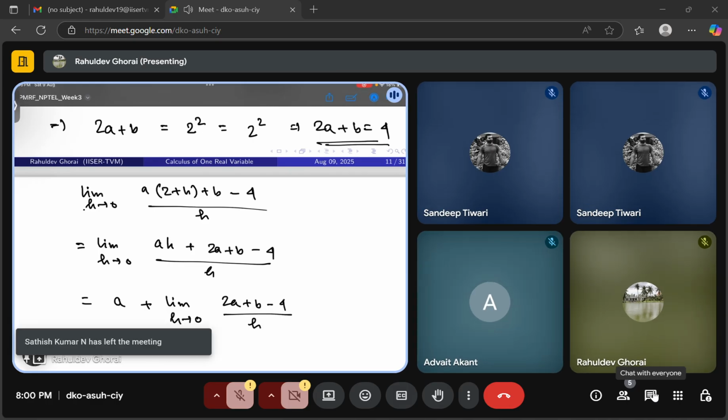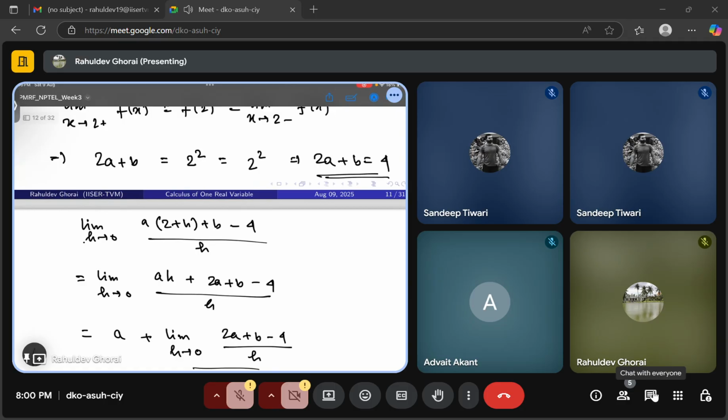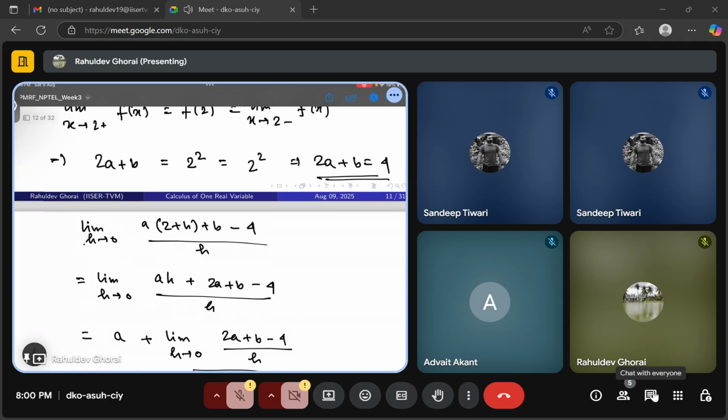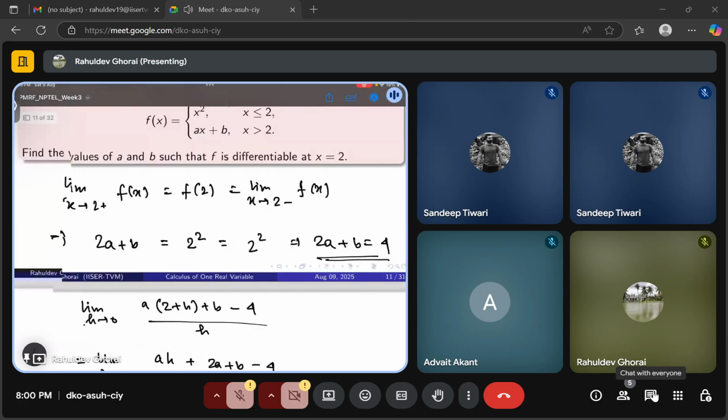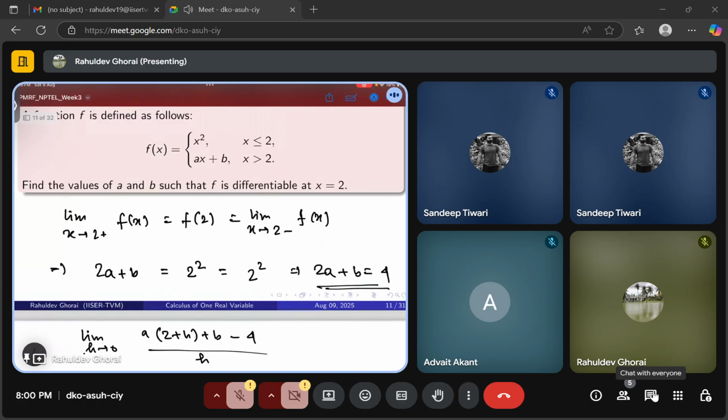But 2a plus b is equal to 4, so that limit is also 0. That is equal to a. Am I doing something wrong? So it is differentiable for all a, b such that 2a plus b is equal to 4?